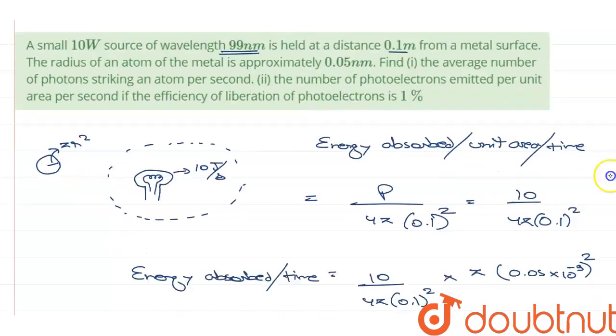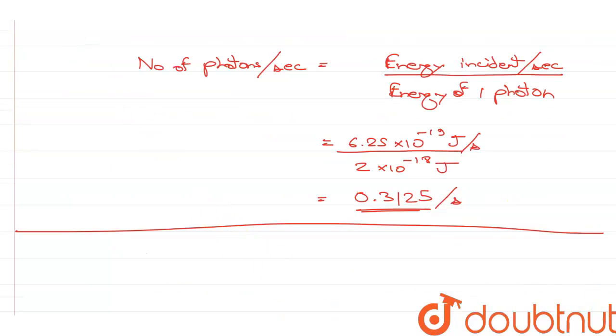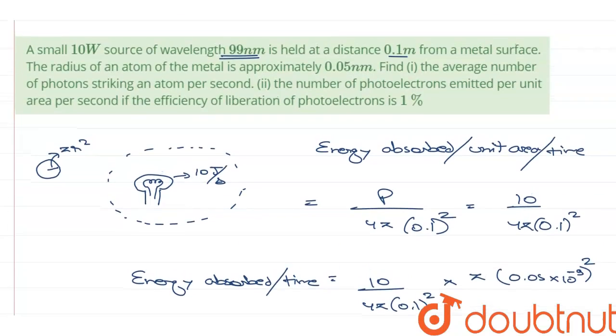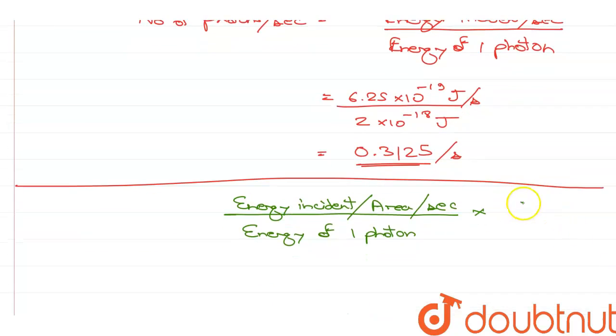For that, what we have to do is energy incident per unit area per unit second divided by energy of one photon into the liberation efficiency, which is 1%, so into 1 by 100.